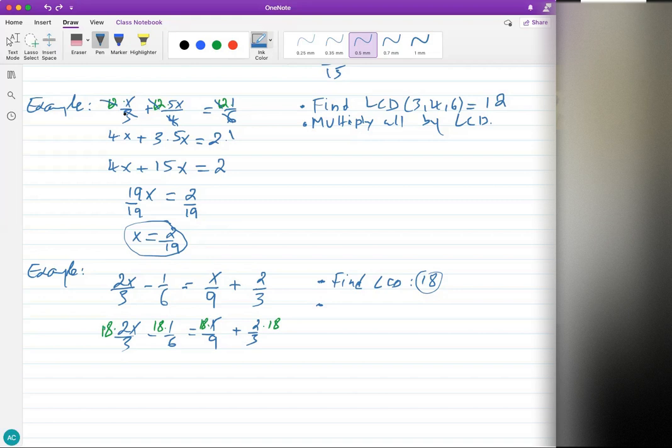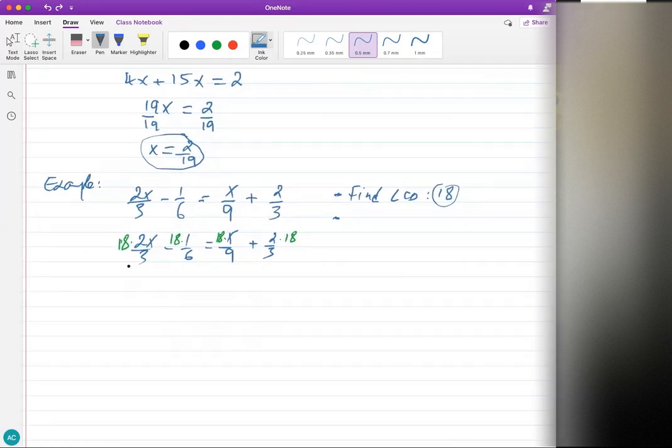We divided and put the result here. Same thing here. Before multiplying, we had to cancel or simplify these to cancel the fraction. 12 by 4, 3. Let's do that over here. So what do you get? It's going to cancel these two, reduce them. 18 by 3 will be 6 times 2x.